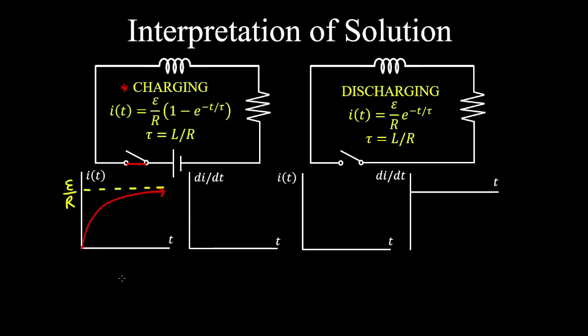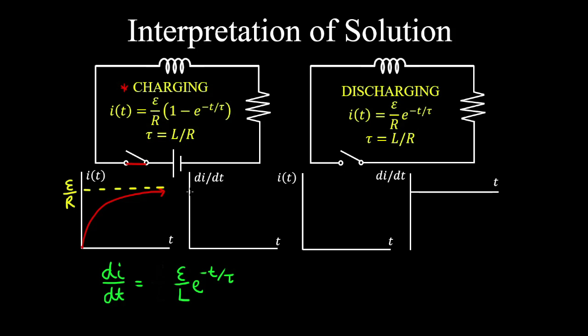Now if we differentiate this expression, we get di/dt, which is equal to minus 1 on tau, which is R on L, by epsilon on R, e to the minus t on tau. So the R's cancel, and we get the EMF on the inductance.